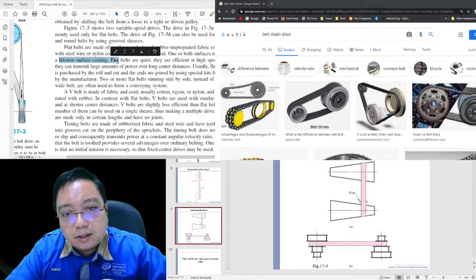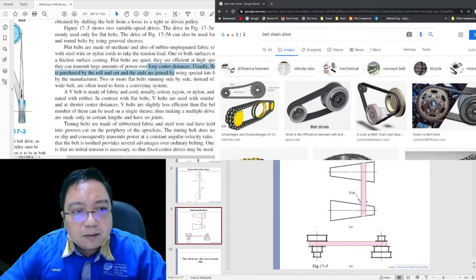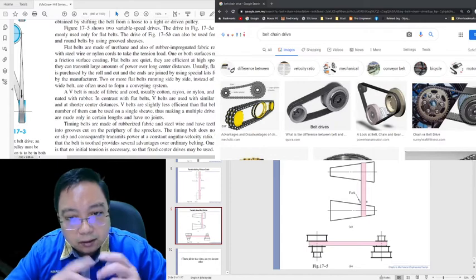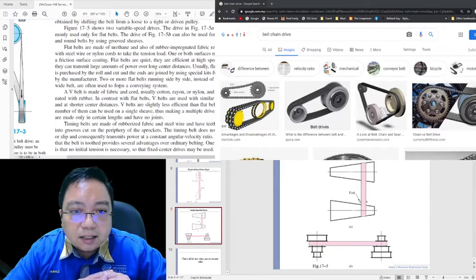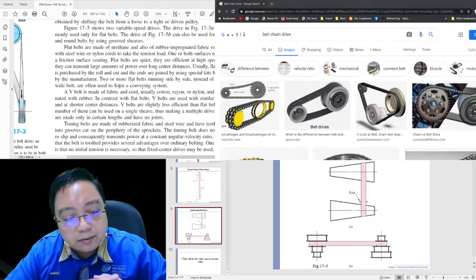The belts are efficient at high speed, and they can transmit a large amount of power over long center distances. Usually flat belting is purchased by the roll and cut, and the ends are joined by a special kit furnished by the manufacturer.